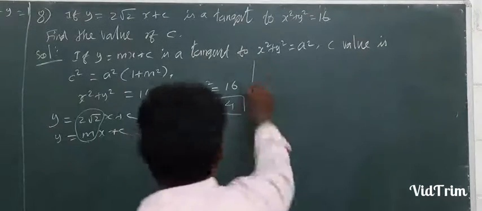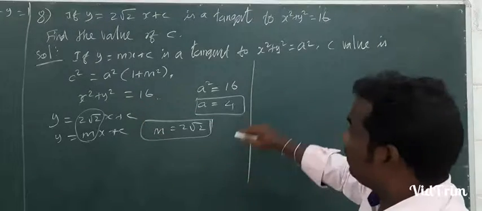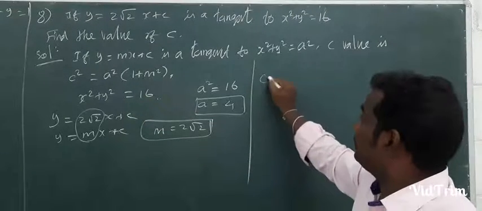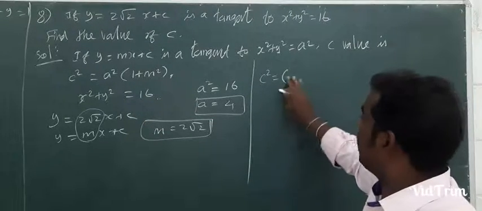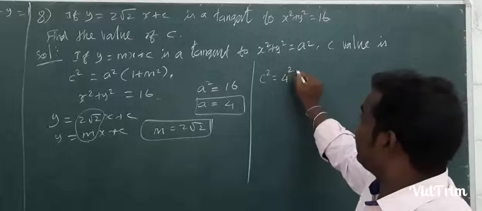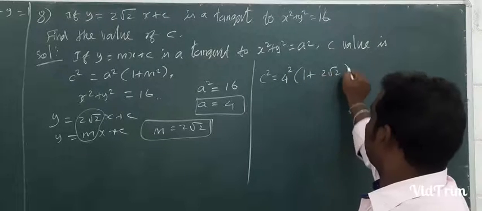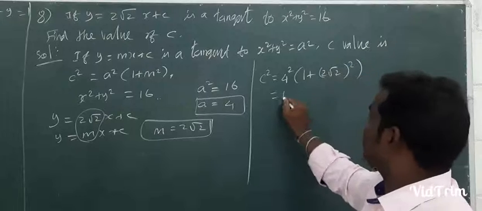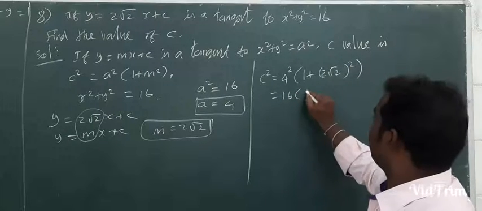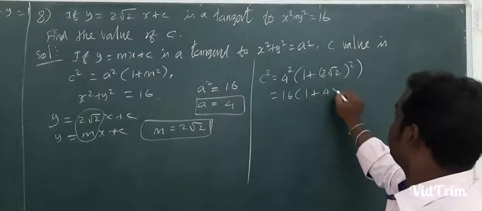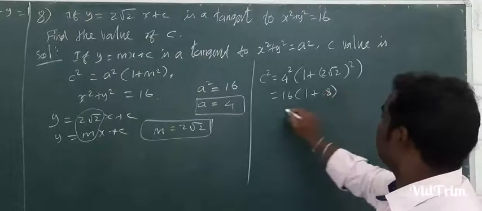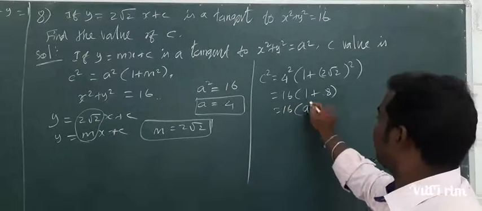The formula is c square equal to a square into 1 plus m square. Then c square is equal to a value, that is 4 square, and 1 plus m square, that is 2 root 2 the whole square. 16 into 1 plus 2, 4 into 2, that is 8. So 16 into 9.